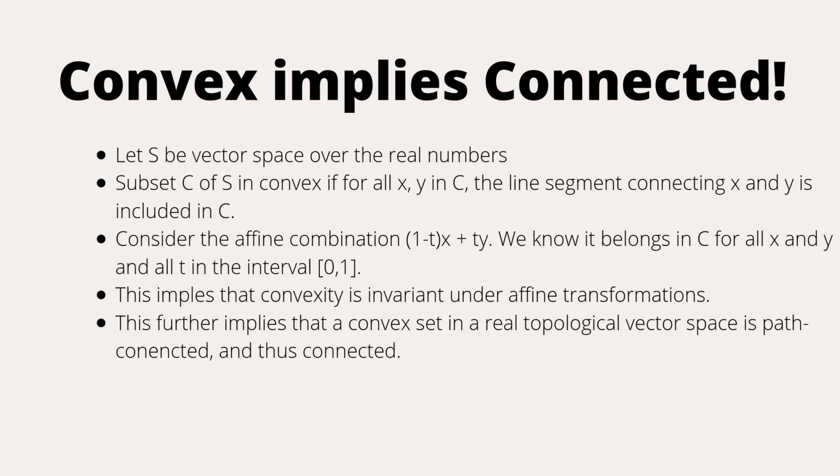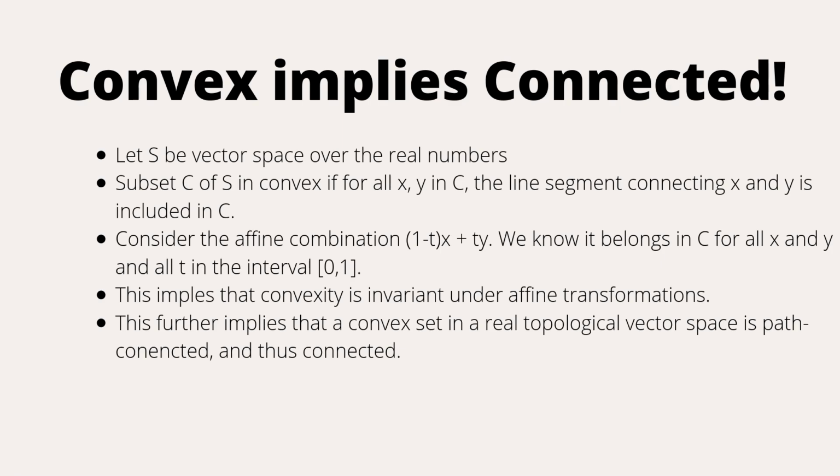Now we consider the affine combination (1 - t)x + ty, and we know that it belongs in C for all x and y and all t in the interval 0 to 1 inclusive. So this is an affine combination. This implies that convexity is invariant under affine transformations, which we'll show on the next slide.